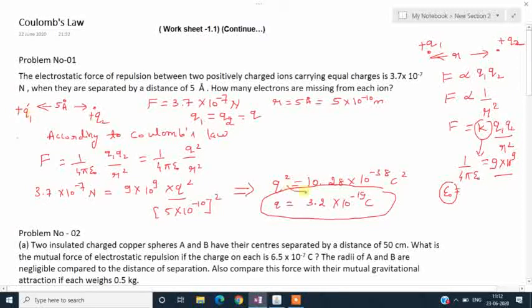Now we know that each one has a charge of 3.2 into 10 to the power of minus 19 Coulomb, which means that to get this much charge, they must have lost electrons. How many electrons are lost from them? You can find that. So here I write: the number of electrons missing from each ion.